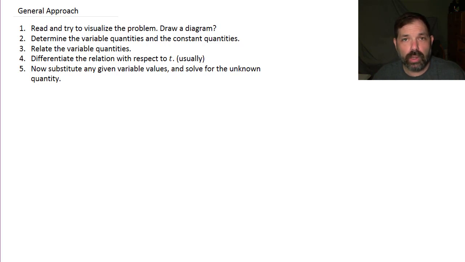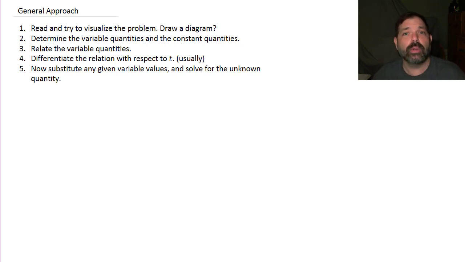Relate the variable quantities. The relation was, in this case, the volume formula. The volume was 4/3 pi r cubed. That was the relation. Then I differentiated with respect to t for time. We will usually do that because most of these types of problems we're thinking about how variable quantities change with respect to time.